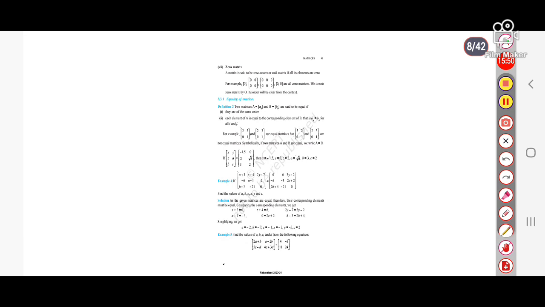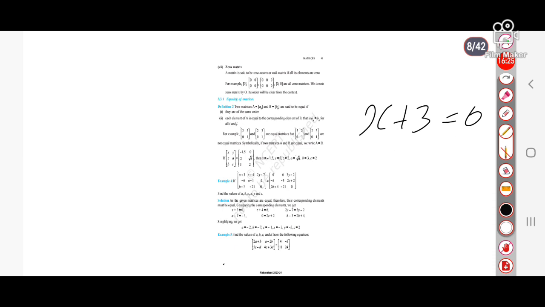Example number 4. If the given matrix is equal to the matrix on the right hand side, find the values of a, b, c, x, y and z. The position of the elements in the left matrix must be equated to the position of the elements in the right matrix. For example, on the left it is given as x plus 3, and on the right in the same position it is 0.